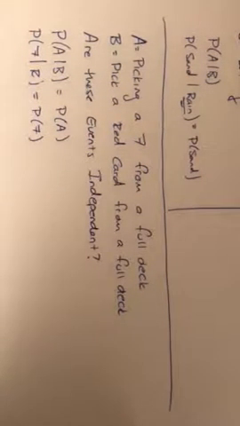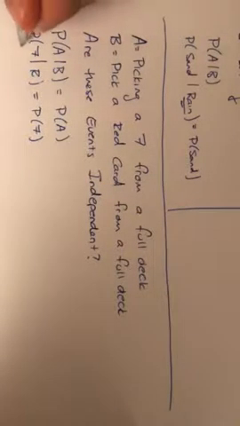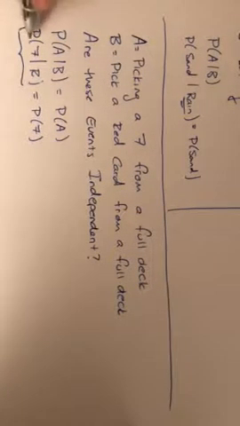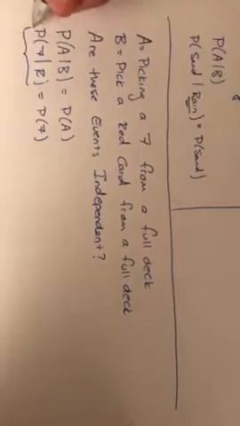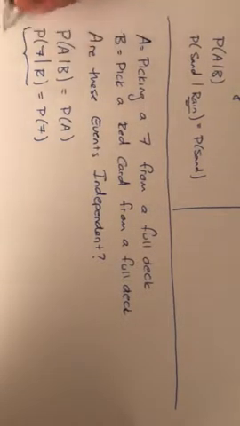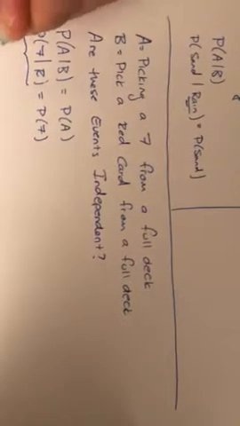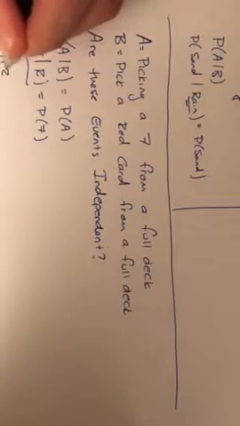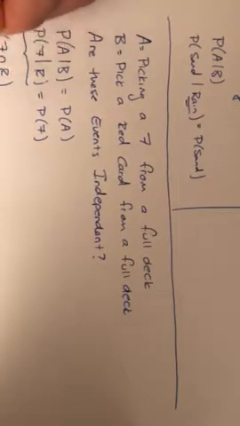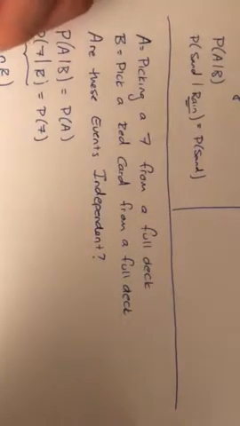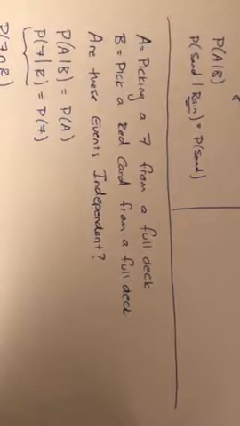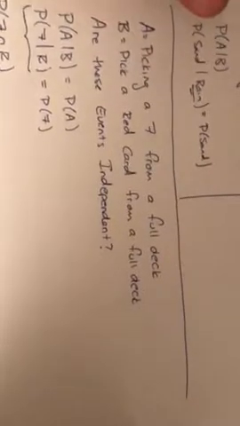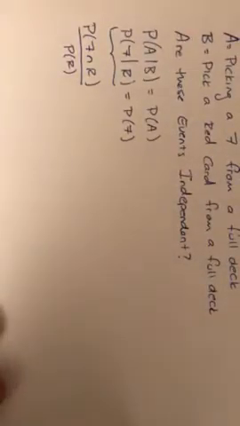Okay, so what we learned yesterday is there's a formula for this. The probability of A given B would be the probability of picking a 7 and a red card over the probability of just picking a red card. That's from our formulas yesterday.